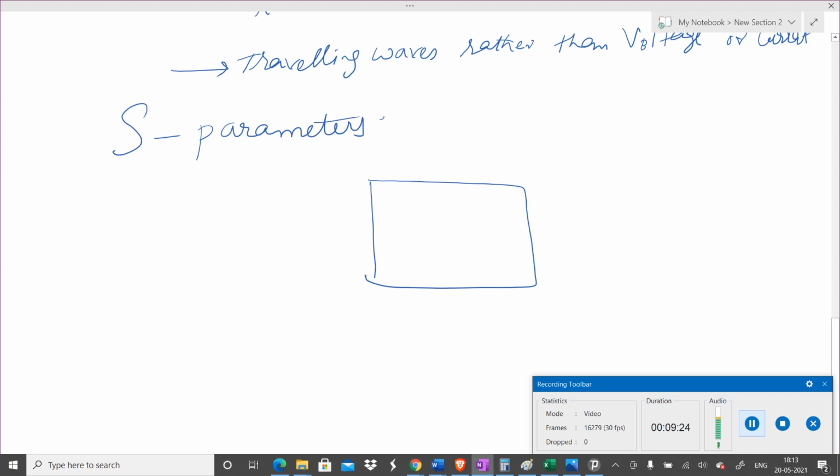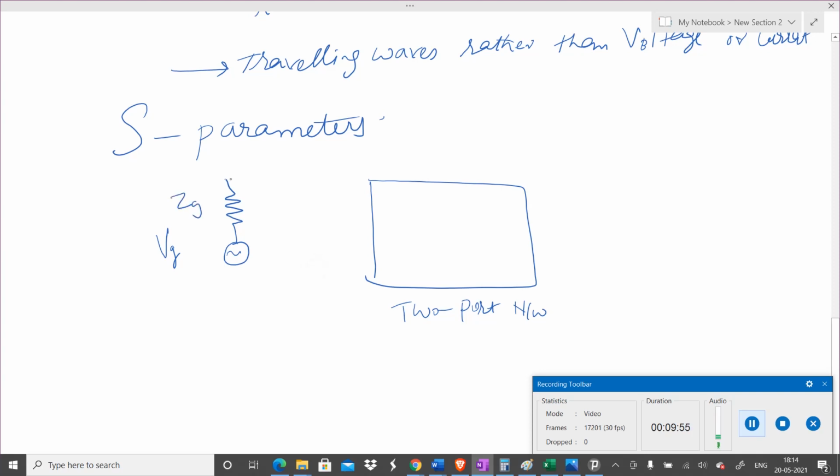I represent it here with this two-port network, and I will represent here a source, the input electromagnetic wave source with equivalent voltage. I call it VG, waveguide voltage, and an equivalent resistor. This is actually related to the intrinsic impedance or the impedance of waveguide. I will call it ZG.